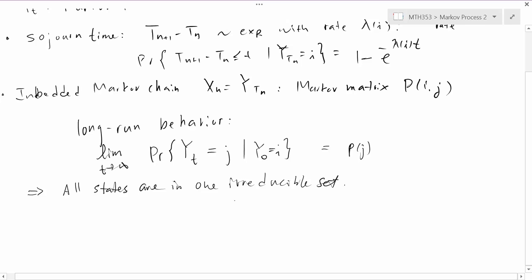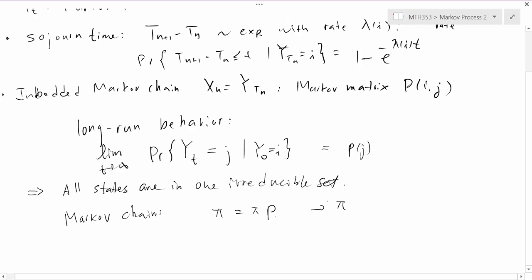Now, how can we find this P_j? Remember, in the Markov chain case, we already know how to find the long run behavior. For a Markov chain, we had to solve pi equals pi P, and then we get pi.